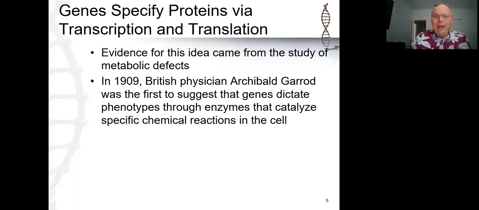And he made the connection that a gene must be expressing its action through an enzyme, that the phenotype of alkaptonuria, the black urine, was a product of a faulty gene that was producing a faulty enzyme that meant the final conversion to urea and uric acid was not taking place and the urine was black.